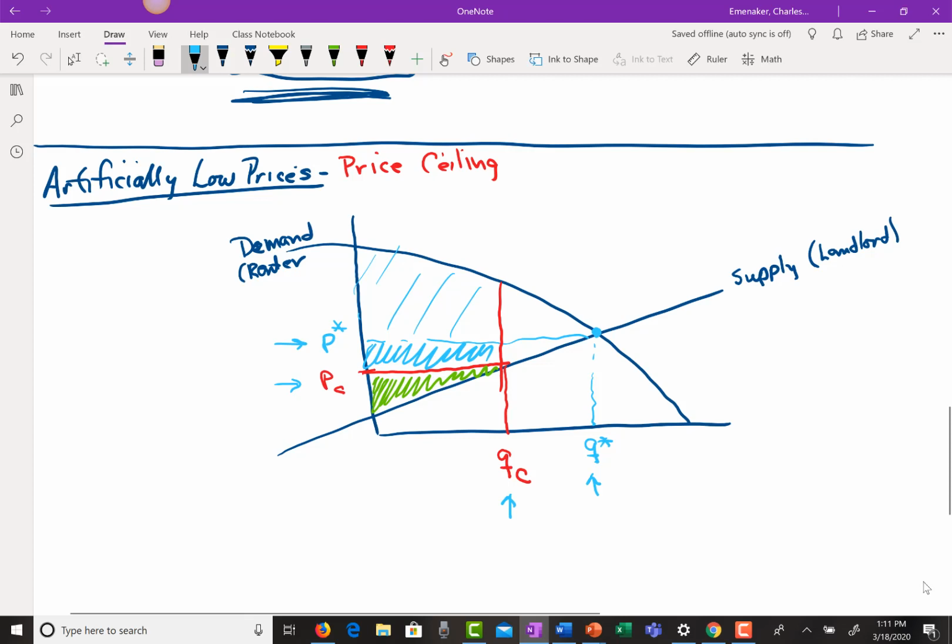And now you have some new lower number of units available. But the objective is to help the consumer by setting the price lower than what it could have been. And by setting it lower, you're hoping that they will pick up some additional surplus here. It'll make it more attractive for them to live in that area.